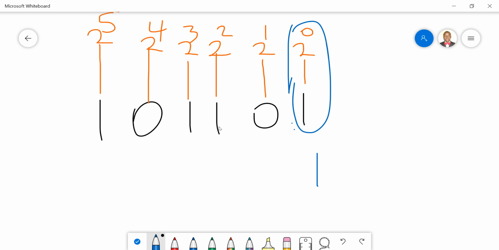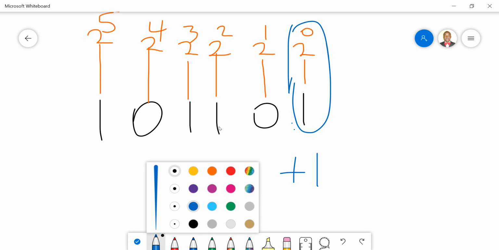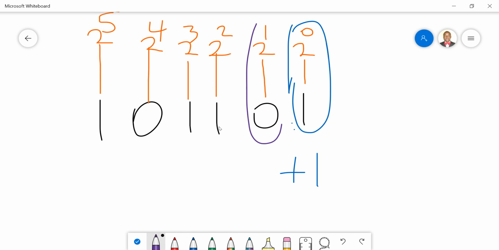It's 1, because 2 to the power 0 is 1. Then the other part is 0. On this one, it will be 0 multiplied by 2 to the power 1. Any number multiplied by 0 is 0. Then plus.